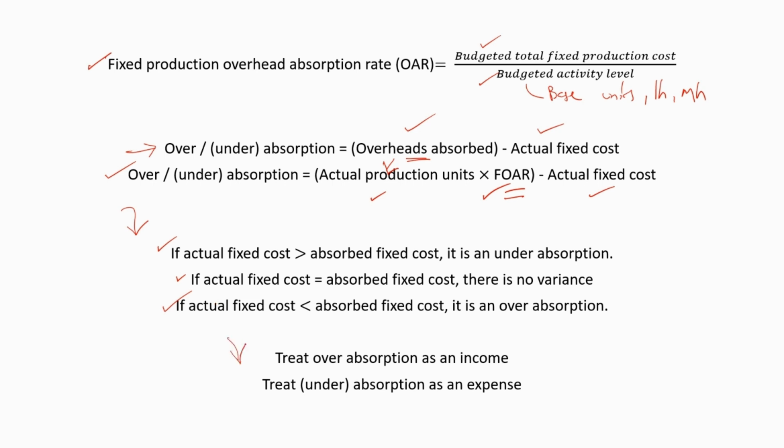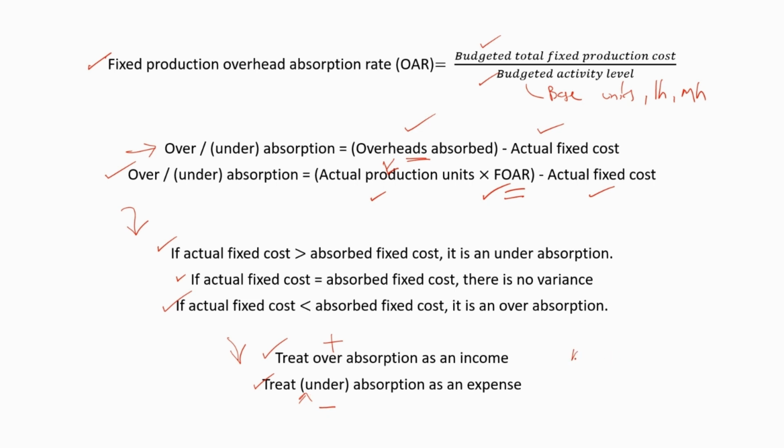This is how we treat the over or under absorption. Treat over absorption as an income, which means treat this value as a positive value. Treat under absorption as an expense, which means this is a negative value. This is why we use parentheses, to indicate that this is a negative value. Let me explain this to you.